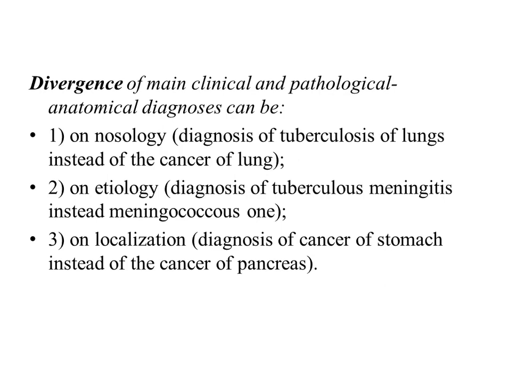Nosological means, for example, a diagnosis of tuberculosis of the lung instead of cancer of the lung. Etiological: a wrong etiology, such as a diagnosis of tuberculous meningitis instead of meningococcal. Localization divergence: a diagnosis of cancer of the stomach instead of cancer of the pancreas.